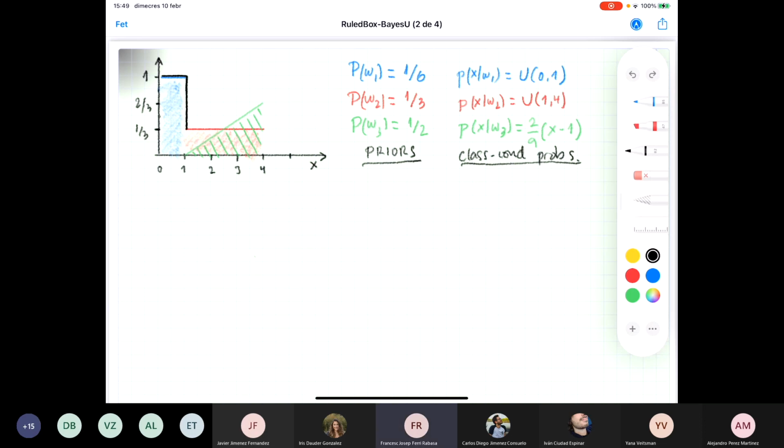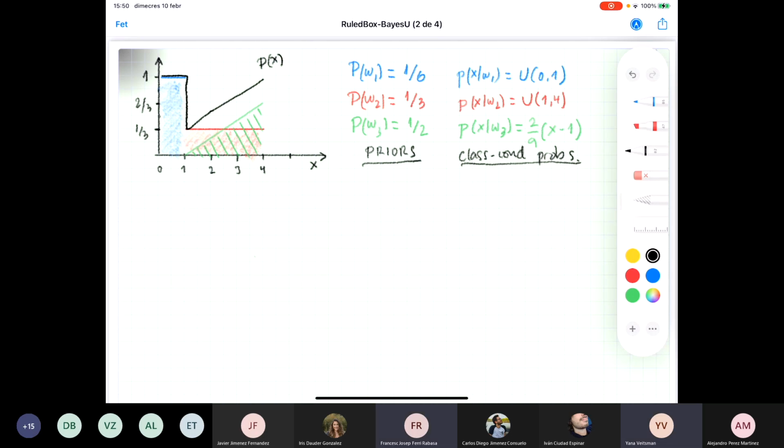From this point, we have the sum of the red line and the green line, which is exactly this. And the same. Do you agree? Yes. Do you all have drawn this? Do you all understand that this is exactly P(x)?